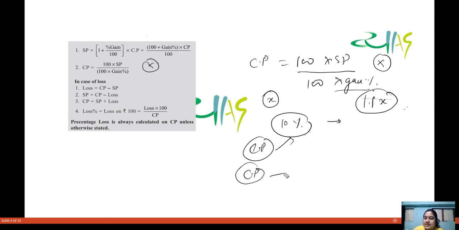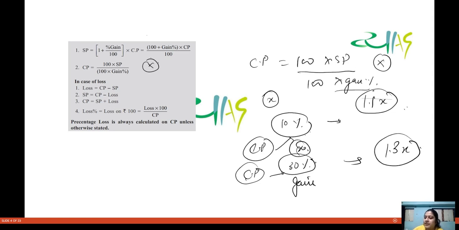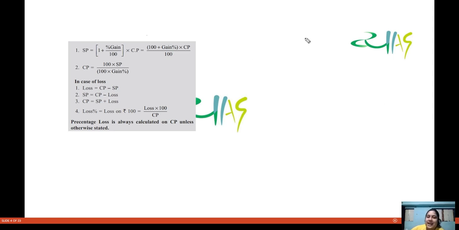Similarly, if my cost price was X and my gain percentage is 30%, then I sold it at what price? 1.3X. So the price of an item, if we take X, is one time. Whenever some percentage is added to it, it becomes that much time.